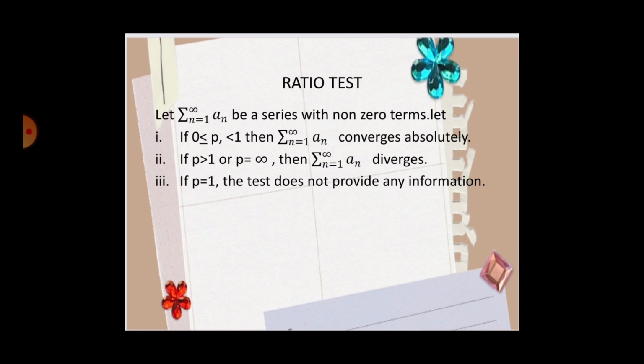If p is greater than 1 or p equals infinity, then the summation of a sub n diverges. If p equals 1, the test does not provide any information.